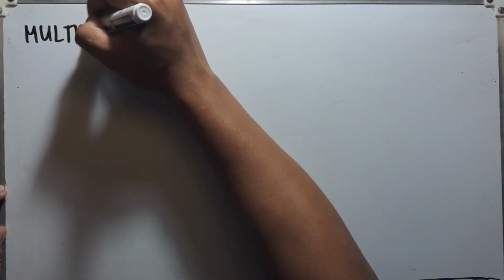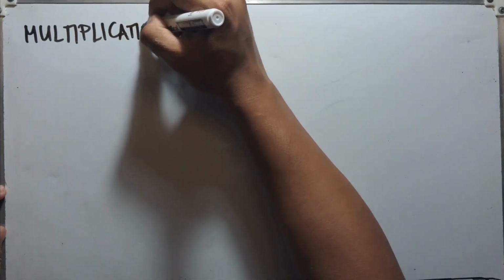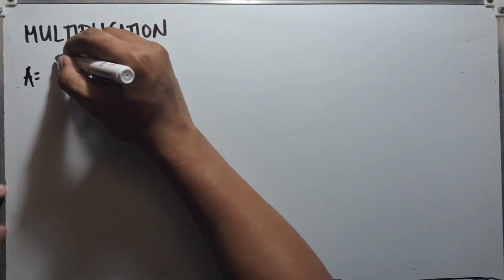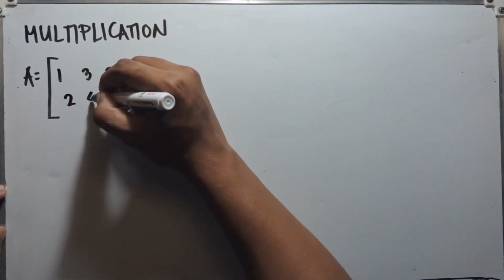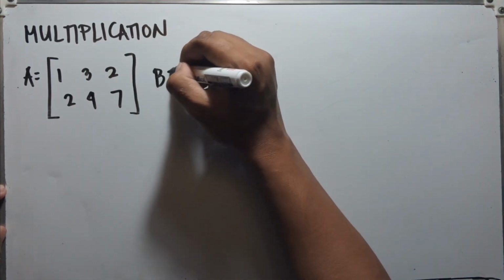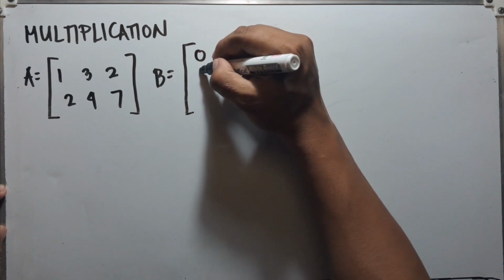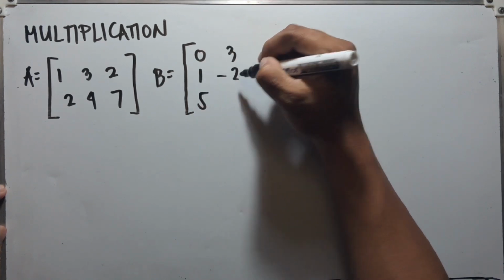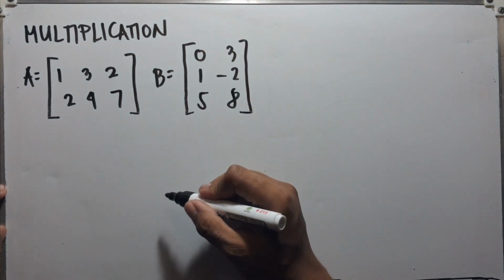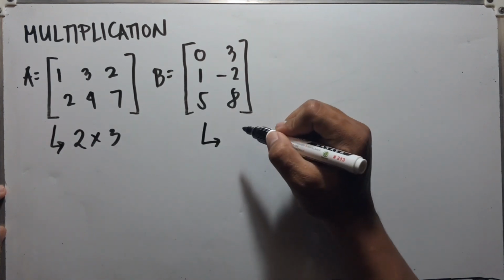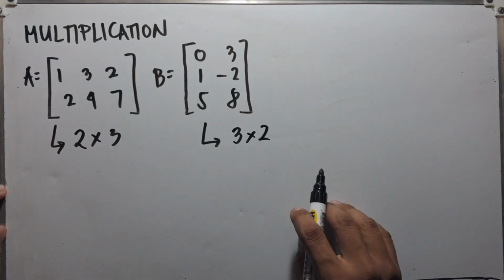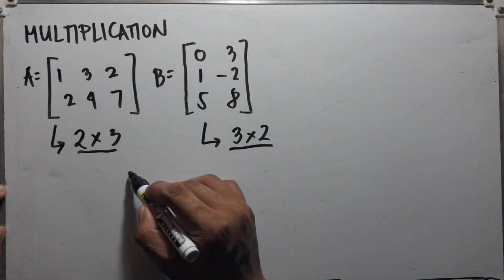So now we're done with the scalar multiplication. We will now proceed to the multiplication of matrices. For example, we have matrix A, which is 1, 3, 2, 2, 4, 7, and matrix B as 0, 3, 1, negative 2, 5, and 8. Notice that the matrices have different rows and columns.